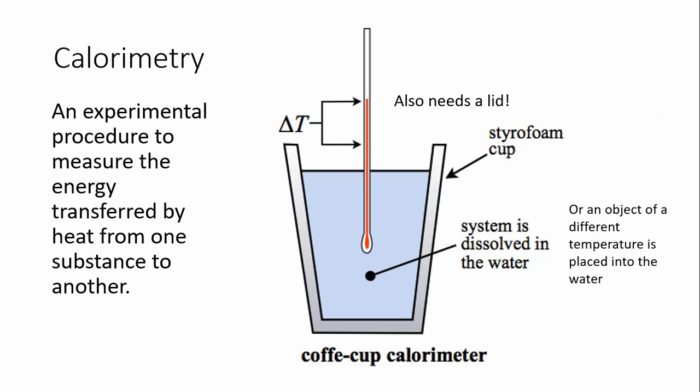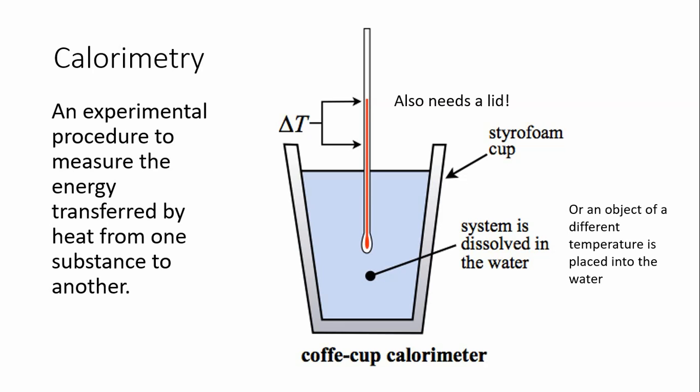So in order to calculate specific heats for objects, we use this apparatus and this procedure known as calorimetry, an experimental procedure to measure the energy transferred by heat from one substance to another. So again, remember we talked about heat and defined it as the energy transferred from one object to another due to a change in temperature.